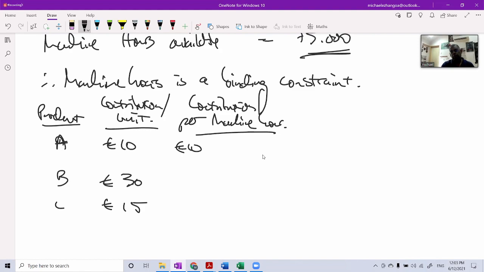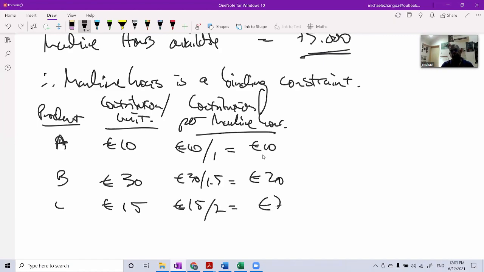Euro 10 divided by 1, 10. Euro 30 divided by 1.5 hours, so that's 20. 15 divided by 2, 7.5. So when we allocate the hours to the product, we follow this ranking of contribution.